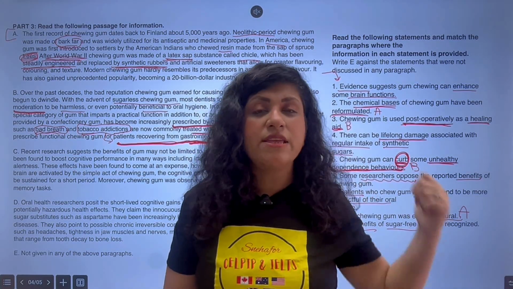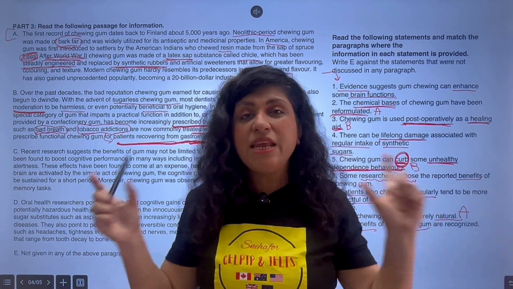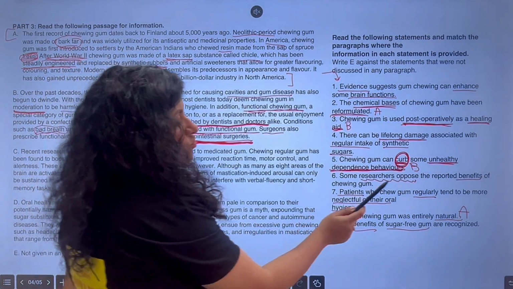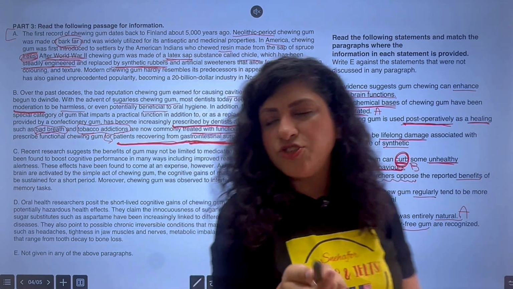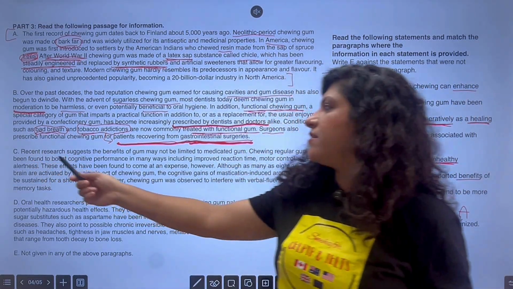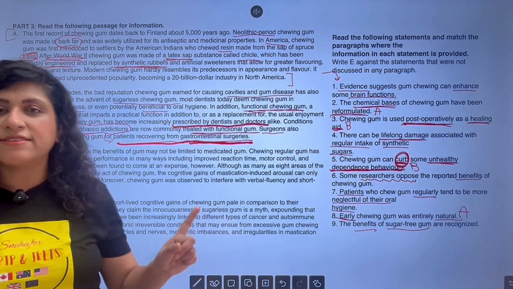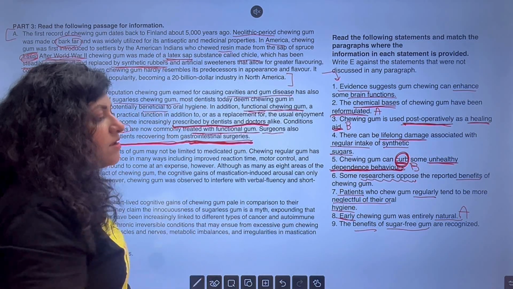You have to make sure that the question matches 100% with the text. Meaning should be the same. So here it says, patients who chew gum regularly neglect their oral hygiene. Here what we were saying is that conditions such as bad breath are treated with functional gum. Now these two are not one and the same thing. So this is again not there in B.